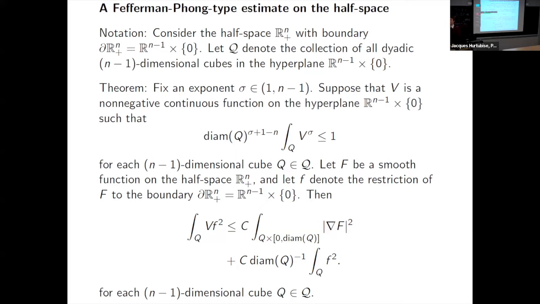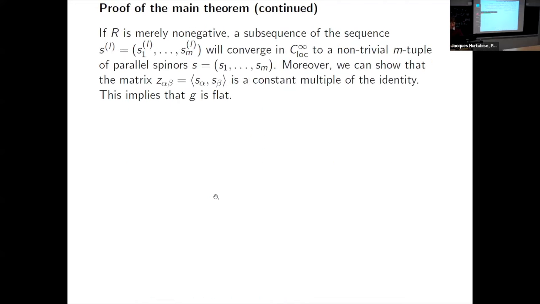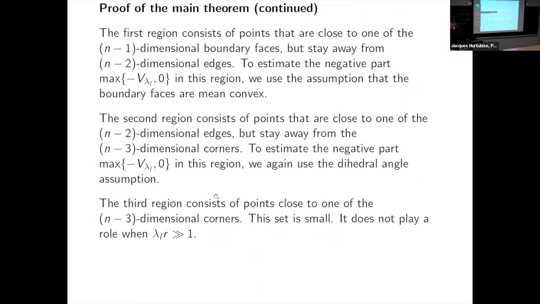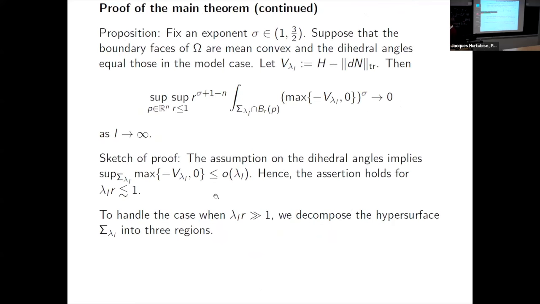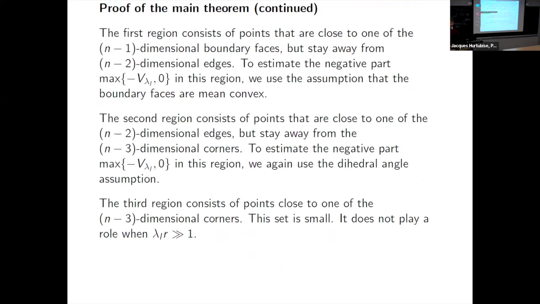So it seems that the estimate with equal angles is used in order to control the negative part of the potential? Exactly. That's an interesting point which I haven't had time to address in detail. The point is, we want to make the negative part of the potential small, and there are different regimes.